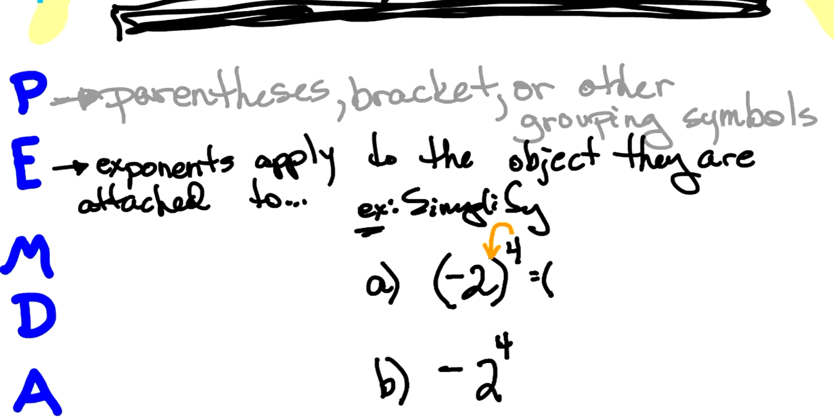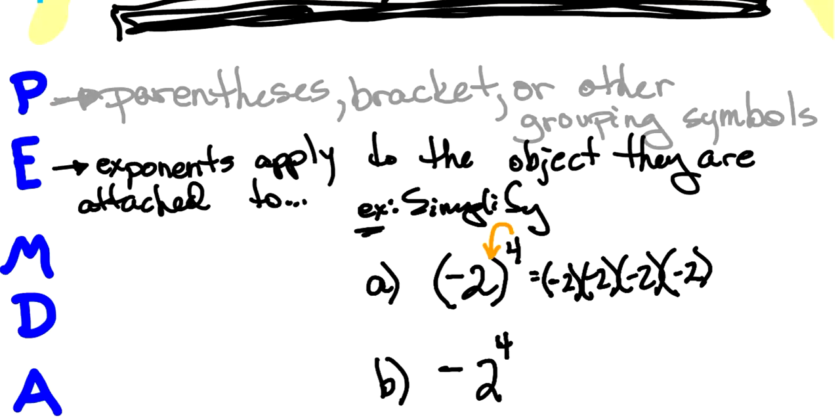In other words, we'll have -2 parentheses, -2 parentheses, and you must use the parentheses because that is what's raised to the fourth power. Remember, by the way, going back even further, exponents tell you how many times to multiply something times itself. So the fourth power says multiply this times itself 4 times.